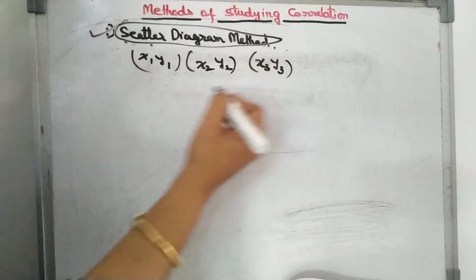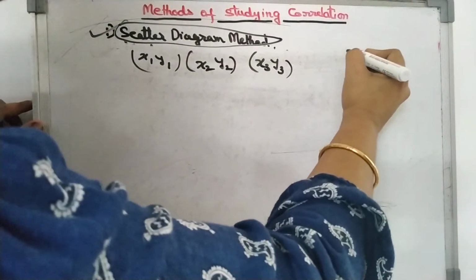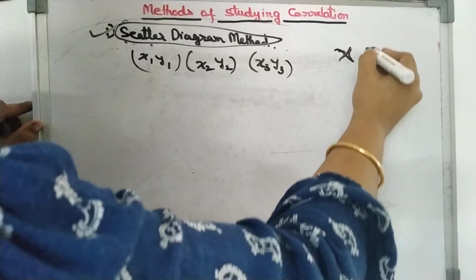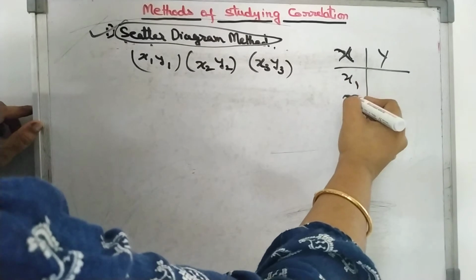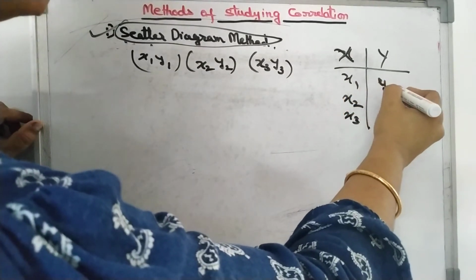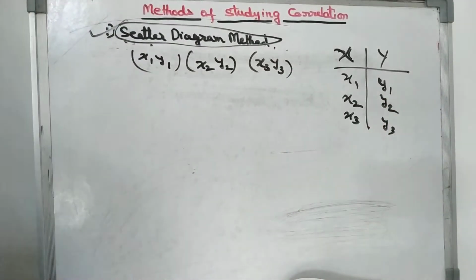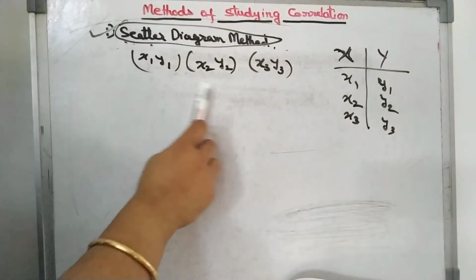So these are pairs of values, that means a bivariate distribution, or sometimes we get these in tabular form also, x1, x2, x3 and y1, y2, y3.